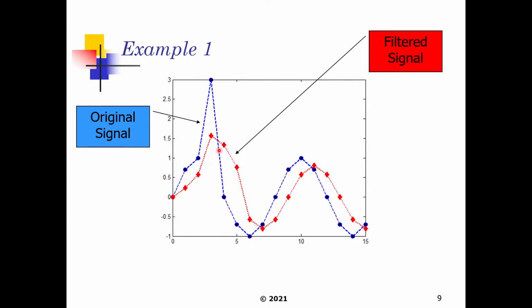Yes, there is a little bit of shifting that does occur here, but you can just reshift the signal back accordingly to match the original signal at its original time points. There's also a little bit of attenuation that does occur, but that's because of the nature of the filter, because it's a moving average filter.